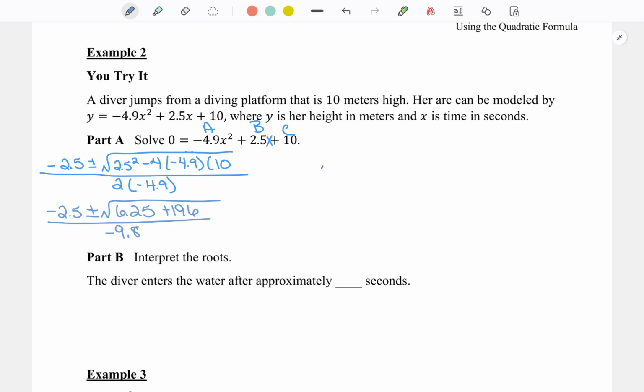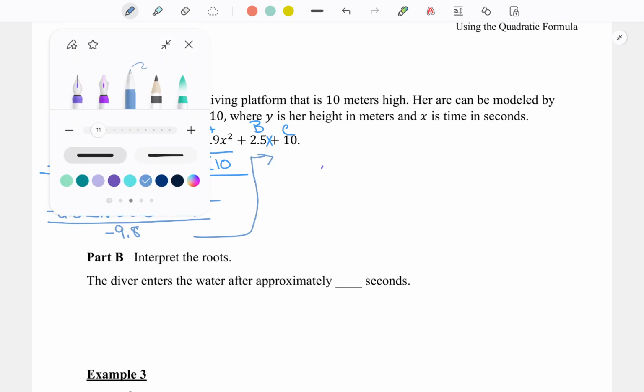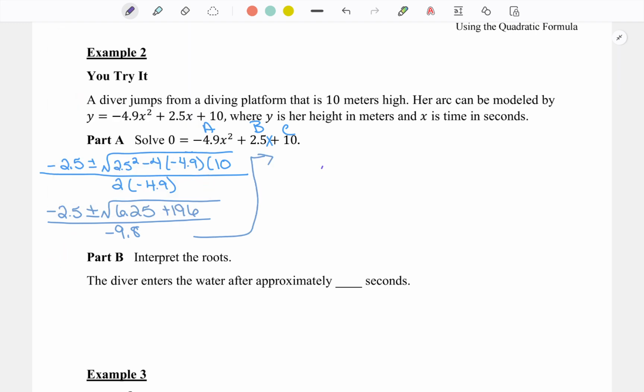So that's 6.25 plus 196, which gives us negative 2.5 plus or minus the square root of 202.25 over negative 9.8. So we're going to take the square root.